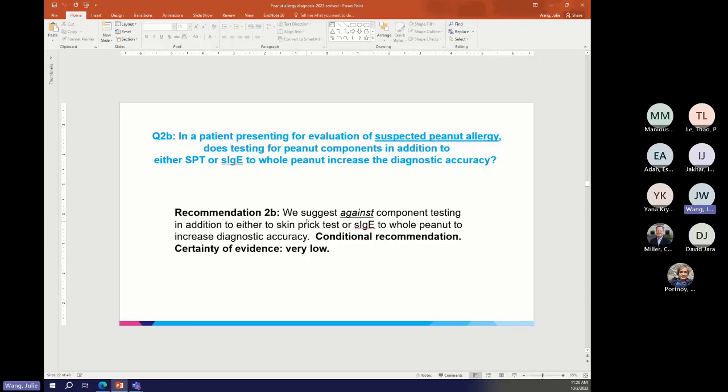And the evidence suggests that we suggest against component testing in addition to the skin test or whole peanut IgE to increase diagnostic accuracy. Again, remember, this is the data up until the point that we had analyzed the literature for this practice parameter.